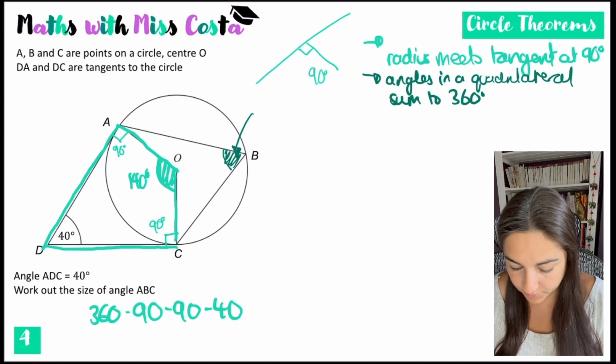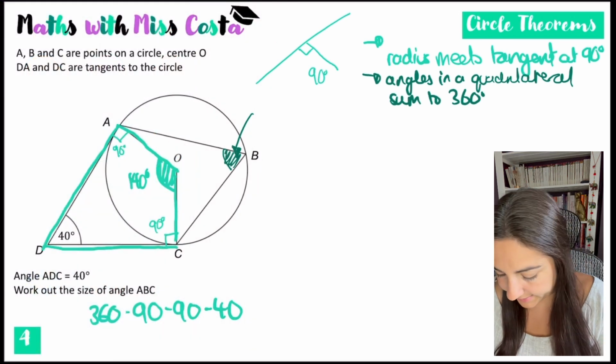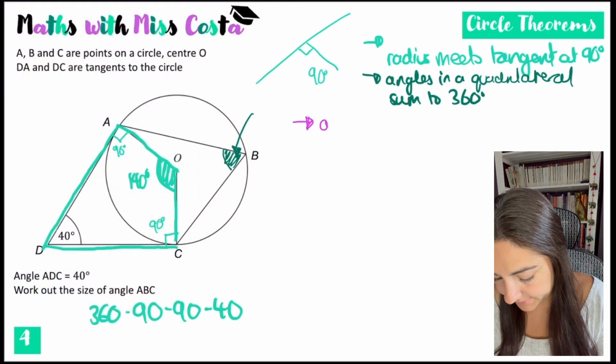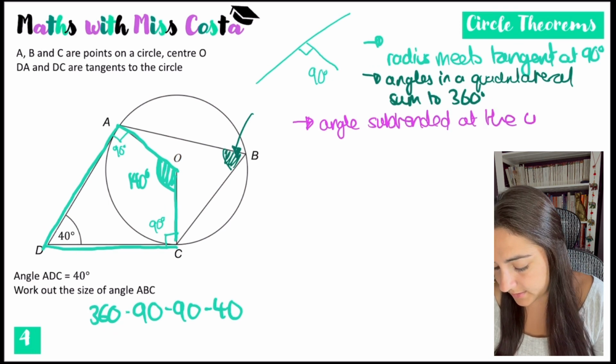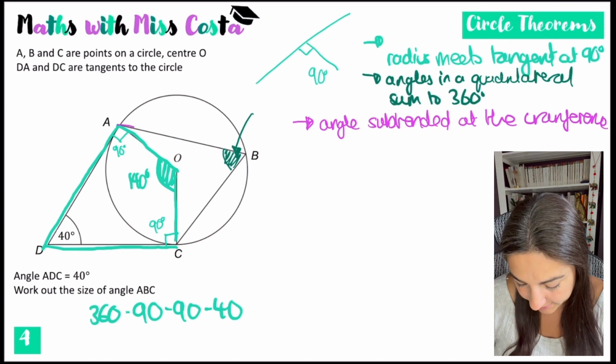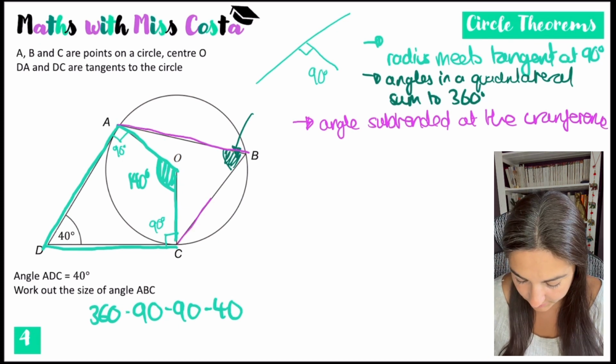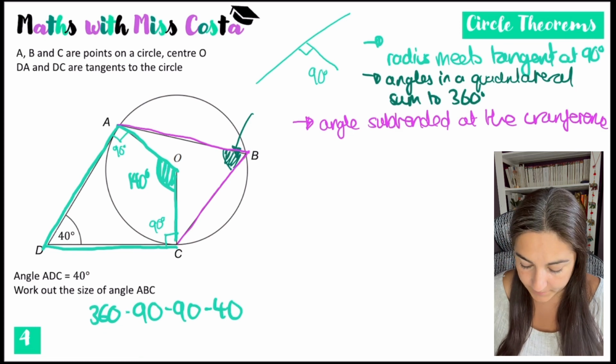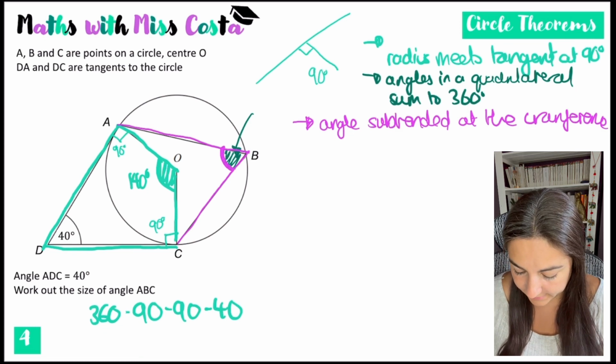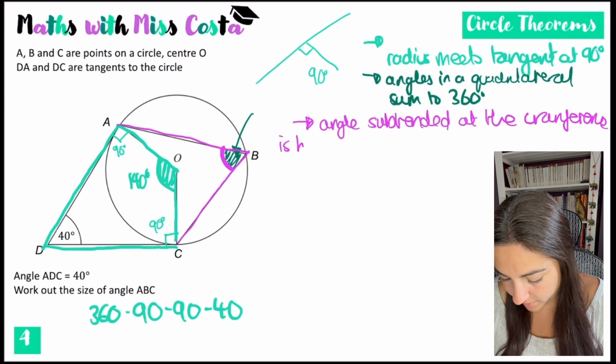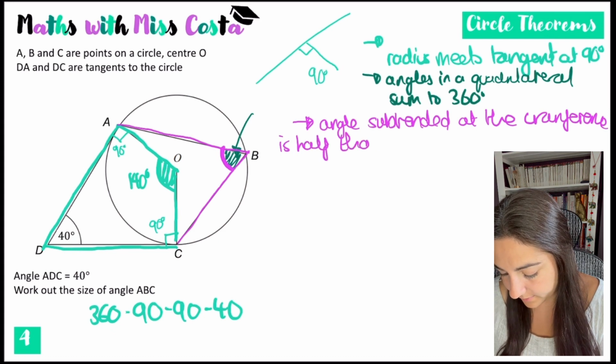Now another circle theorem rule, let's write it in pink, is that the angle subtended at the circumference, and all that just means is the angle created by the two arcs. So here you've got these two lengths here. The angle created by them at the circumference is half that at the center.